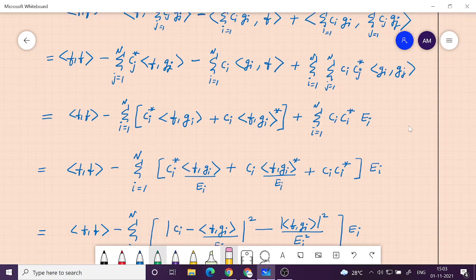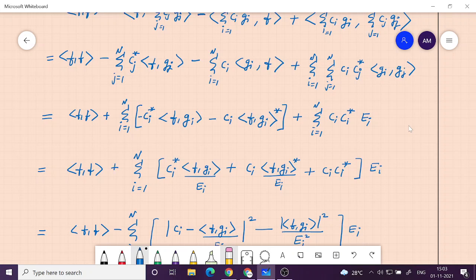Now here I am going to put this plus here, which means that I'll have a minus here, and there will be a minus here. Okay, minus here, so those two minuses I am putting it back, and the last term is plus.